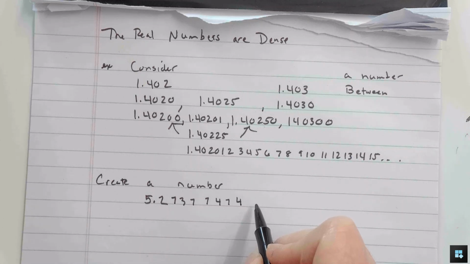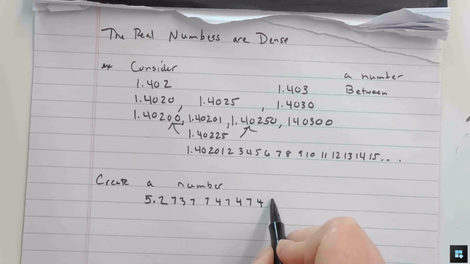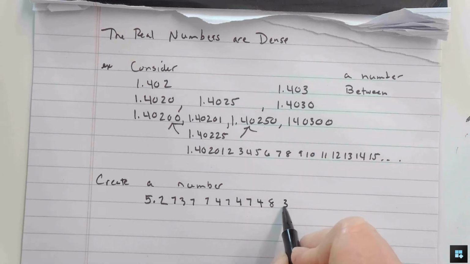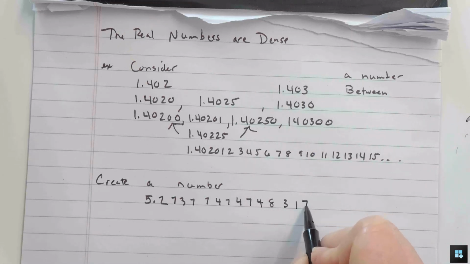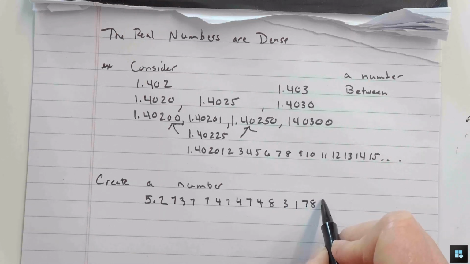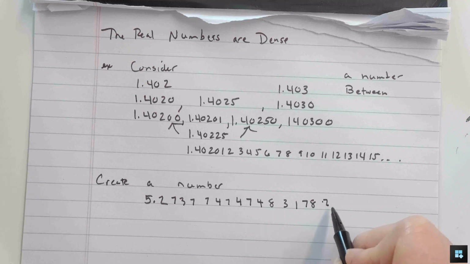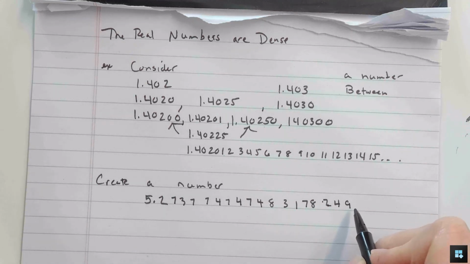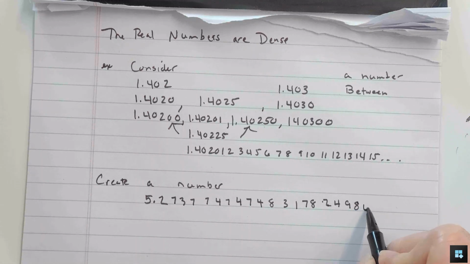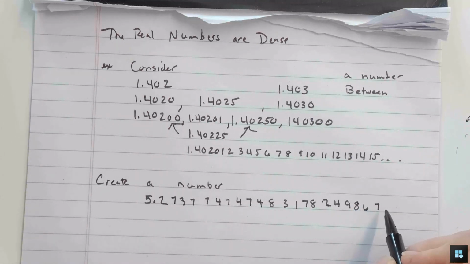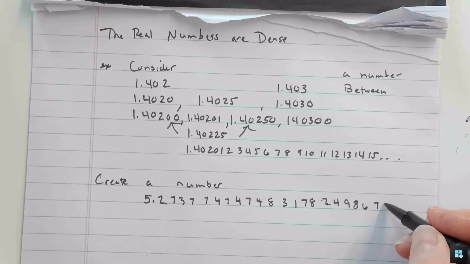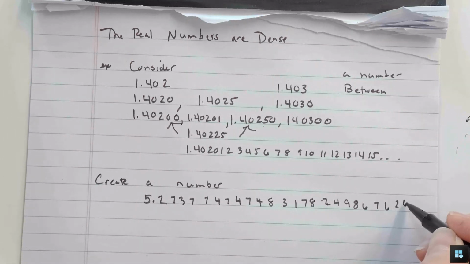What digit did you write down? 7. 4. 8? 3. 1. 7. 8. 2. 4. 9. 8. 6. 7. 6. 2. 6. 8. Who's next? 5. 8.